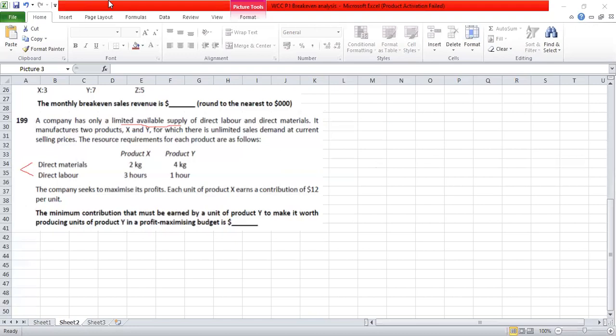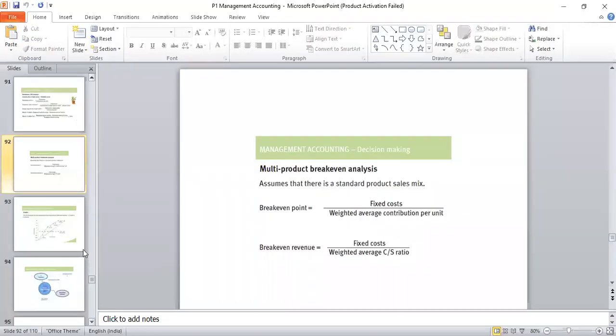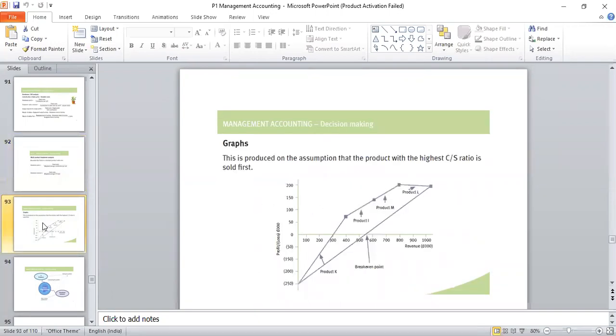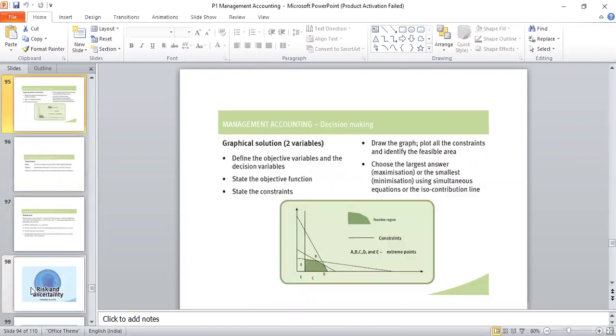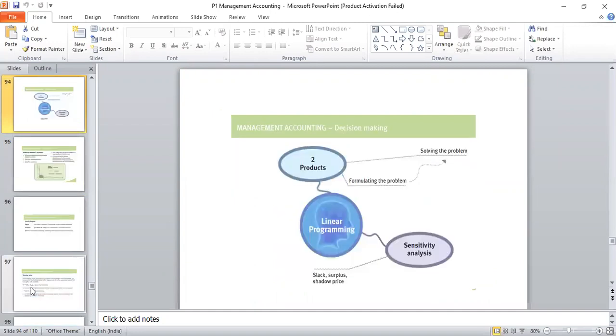But today time is not there. Linear programming is the technique which has to be used, but explaining it takes a little time, so right now I'm not taking it up.